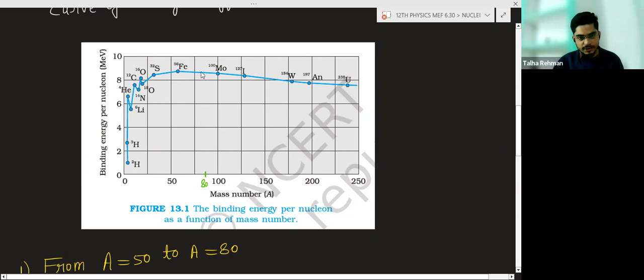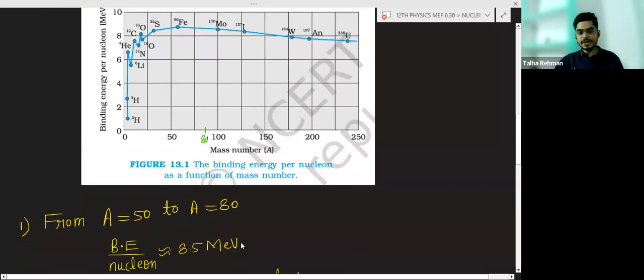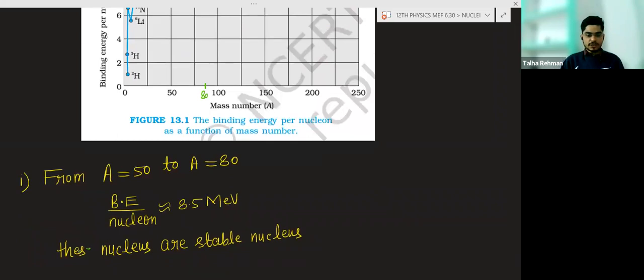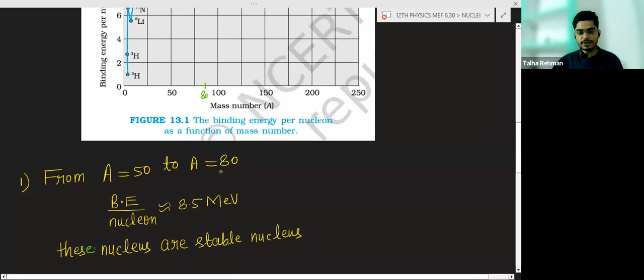You can see the average binding energy, when you calculate, comes out to be 8 point something, means 8.5 mega electron volt. So these are stable nuclei. The nuclei of elements having mass number 50 to 80 are stable nuclei having large binding energy per nucleon.